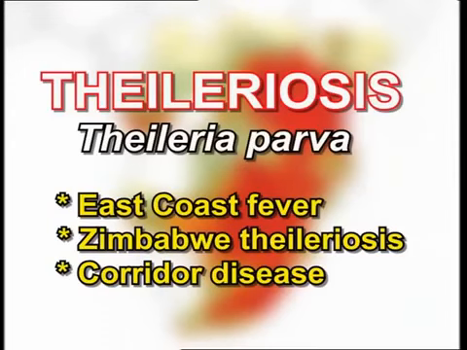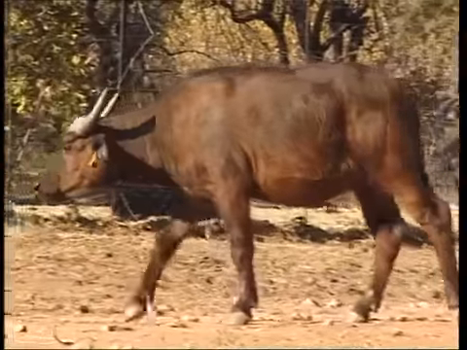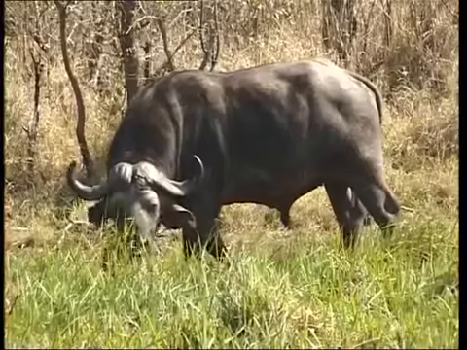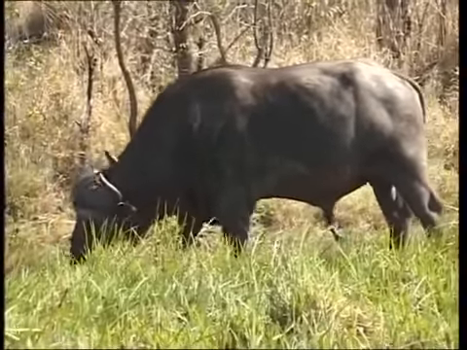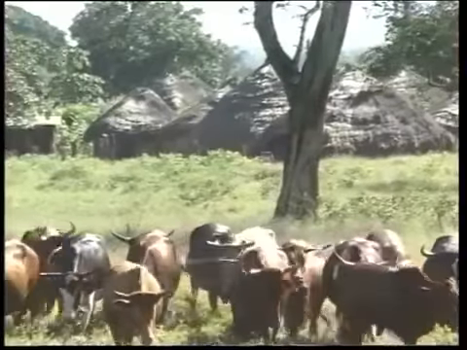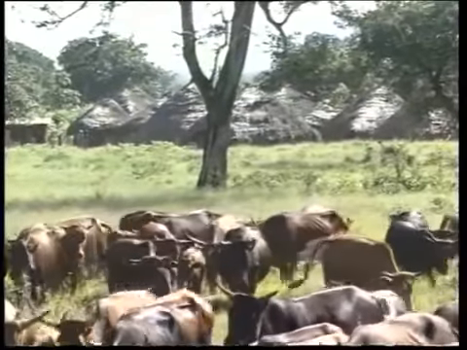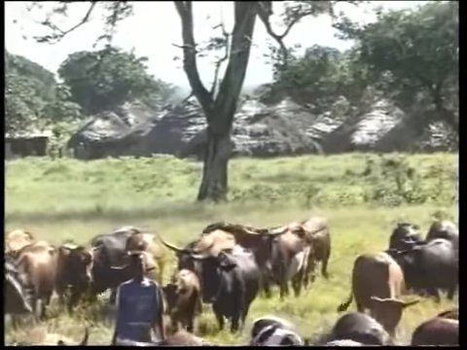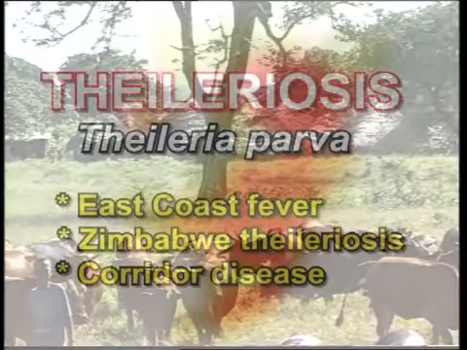The most important difference being that corridor disease is almost exclusively transmitted from buffalo to cattle, so-called buffalo-associated Theileria parva, whereas the other 2 persist in cattle populations in the absence of buffalo, so-called cattle-associated Theileria parva. For most practical reasons, however, these diseases should be considered to be of equal importance.